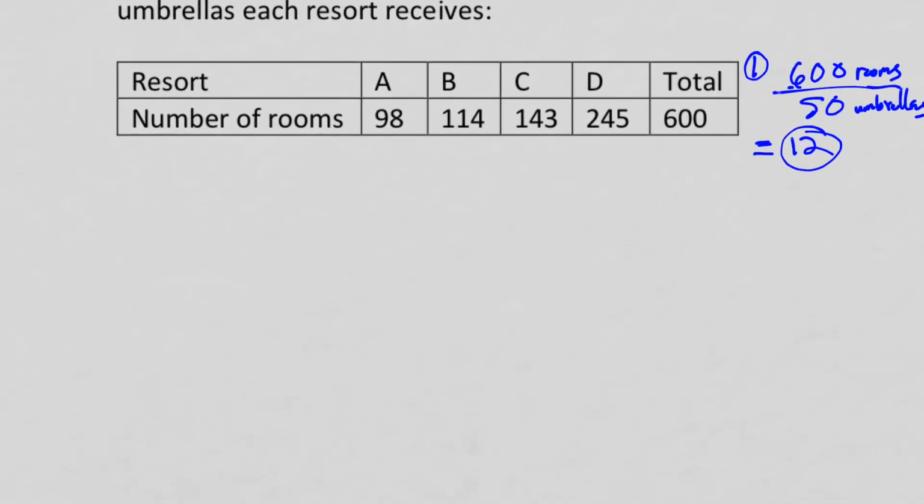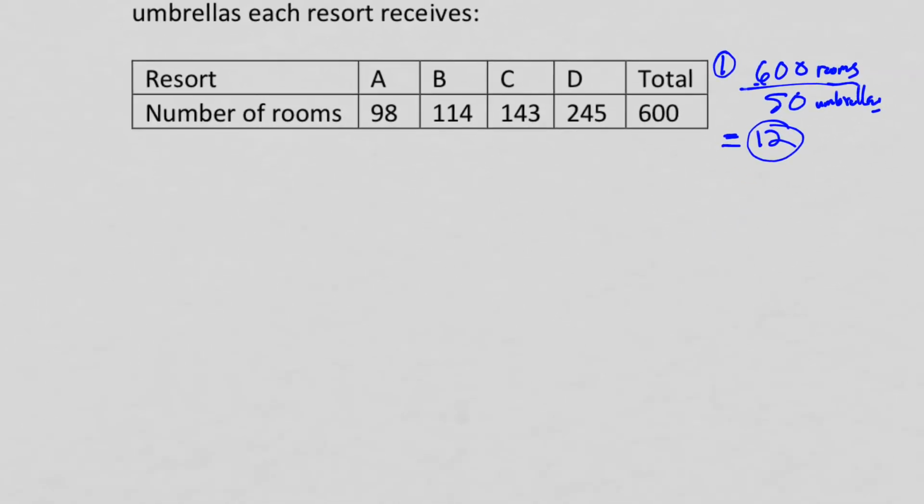Then we want to take our standard divisor, which is 12, and divide it in each of the groups. So each resort we're going to divide by 12, and that's going to give us 8.17, 9.5, 11.92, and 20.42.